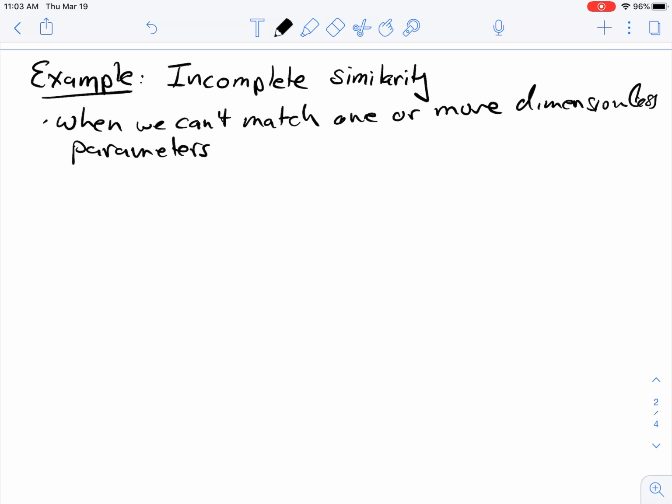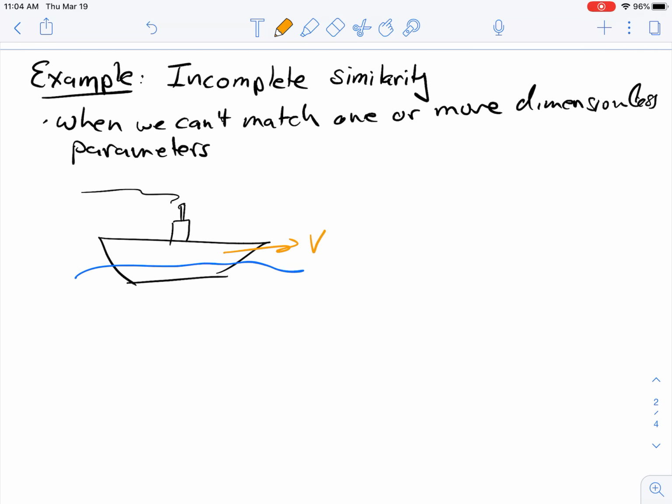So for a boat, say we have a boat with a little smokestack here that's moving in the water, at some characteristic velocity V. And we have some length scale of the boat L, and of course, gravity is acting, and we have these waves that are pushing against the boat.